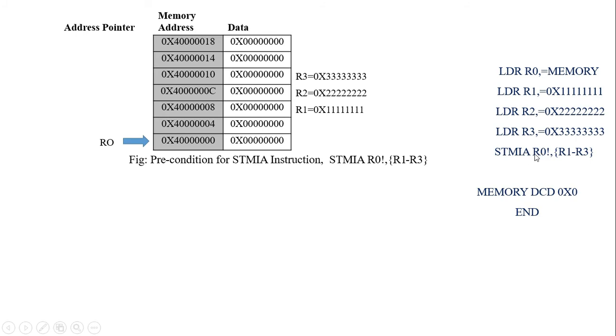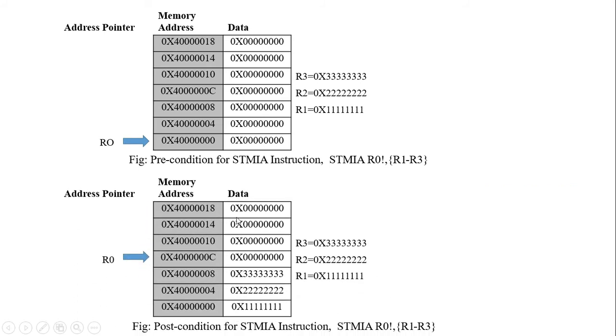How it will be incremented, I can show you in the diagram. Here you can observe in the memory address, earlier R0 is pointing at 0x40000000. In this location I had data 0 earlier, the precondition before execution. After the execution of the STMIA instruction, the R1 value will be loaded in the memory location 40000000.